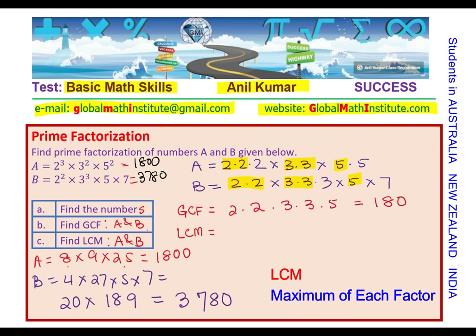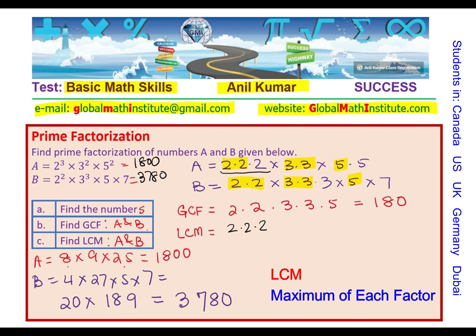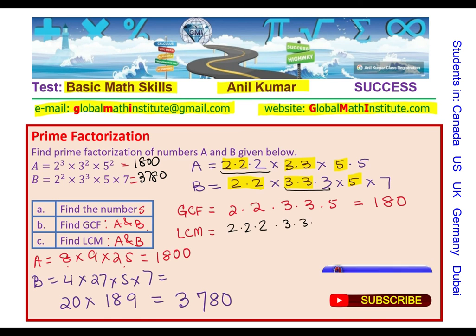So here in A, we got more 2's, so we write 2 times 2 times 2. As far as 3's are concerned, there are more in B, so we'll write times 3 times 3 times 3. Number of 5's are more in A, we got 2 of them. And then we'll multiply by 7 to get our number.